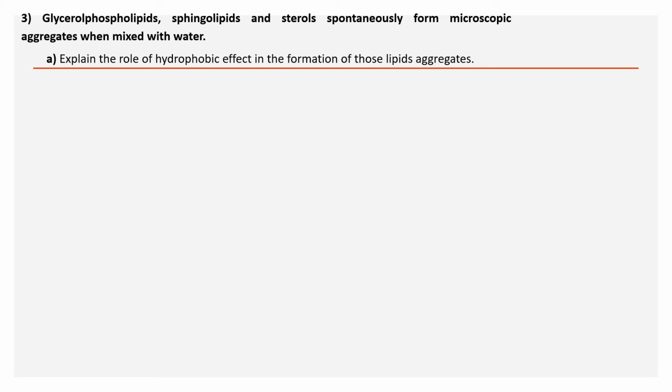Remember, they're trying to get away from the water, so they cluster together with each other, while the hydrophilic groups interact with the surrounding water. This minimizes the number of water molecules needed to form an ordered shell around any exposed hydrophobic moiety at the water interface. This results in an increase in entropy and therefore generates the lowest energy environment.